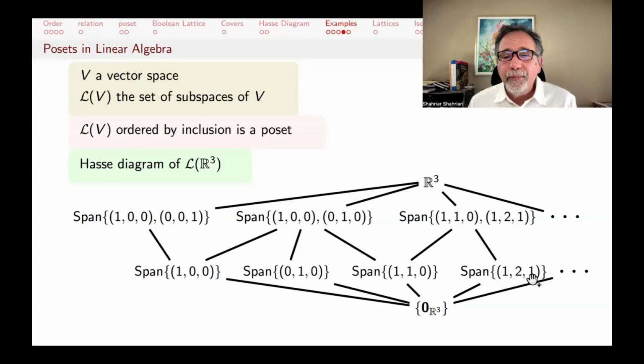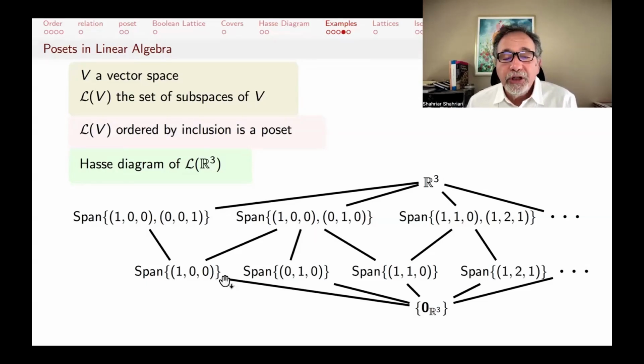There's an infinite number of these subspaces of dimension 1. Then we also have subspaces of dimension 2, and we have one subspace of dimension 3, which is all of R3 itself. For example, if I look at the span of (1, 0, 0) and (0, 0, 1), among the ones that I've listed here, it only includes the span of (1, 0, 0). Of course, it has a lot of other subspaces at this level, but I just haven't mentioned them. (1, 0, 0) and (0, 1, 0), the two of them span.